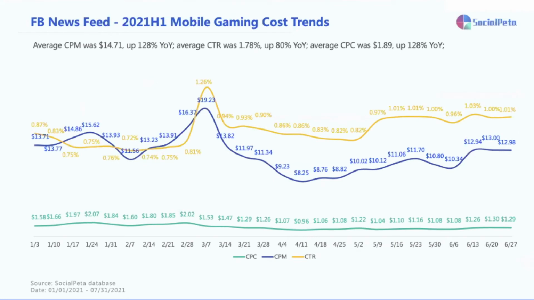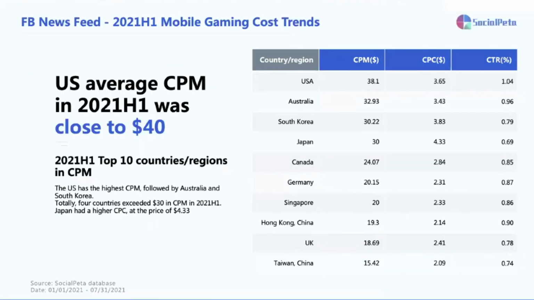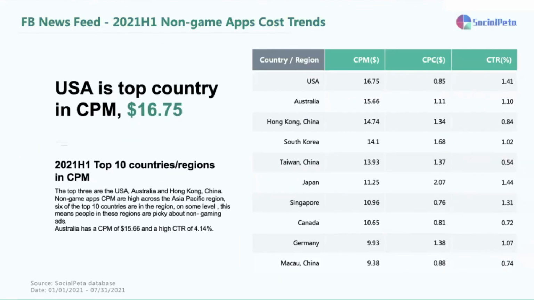Let's take a look at the non-gaming category. In the US, which is also the top country for CPM, the average CPM is $16.75, followed by Australia and Hong Kong, China.